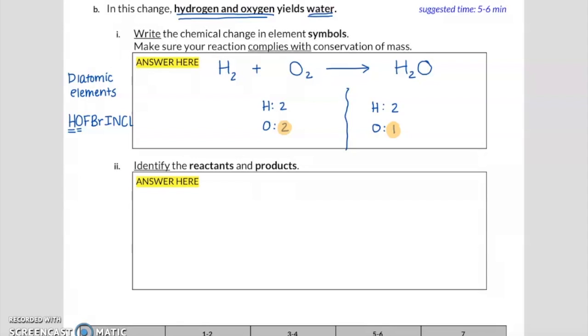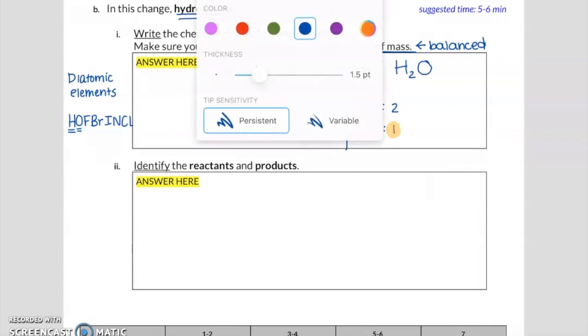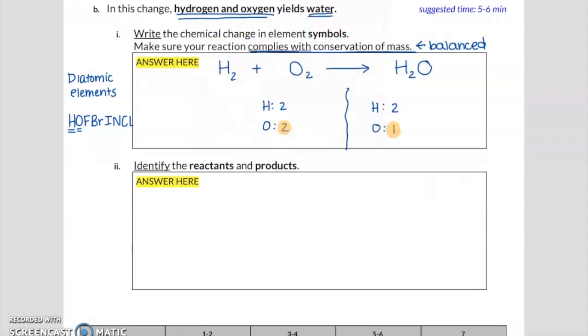But we know that's not possible. Conservation of mass tells us that mass can't be created or destroyed. So in order to make sure that our equation complies with conservation of mass, we need to write a balanced equation. So I'll balance that up for you by adding some coefficients.